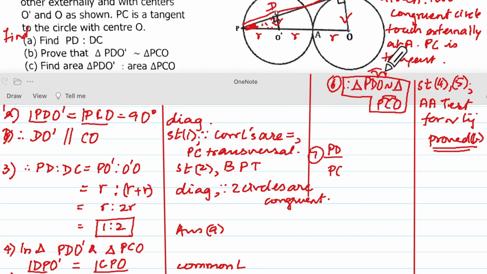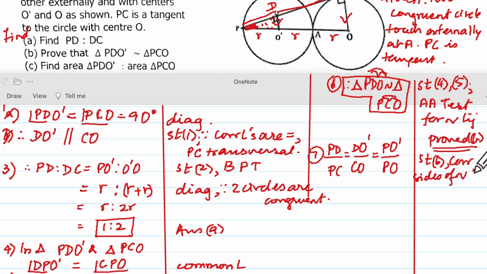PD upon PC equal to, come on, tell me, DO dash upon CO is equal to PO dash upon PO. Okay, and this will be from statement 6, and corresponding sides of similar triangles are in proportion.